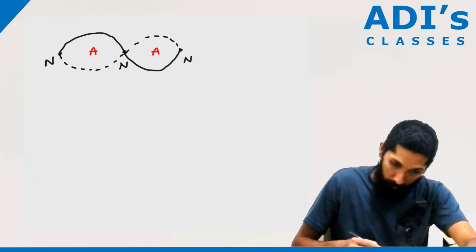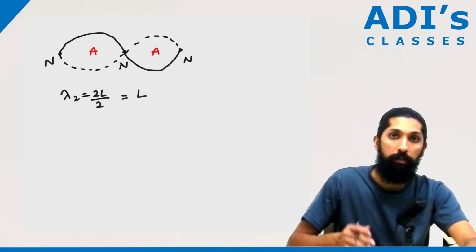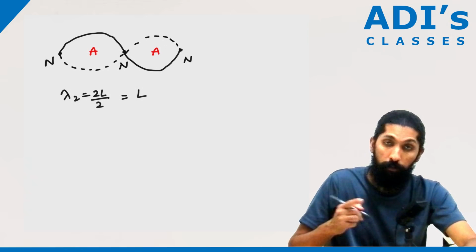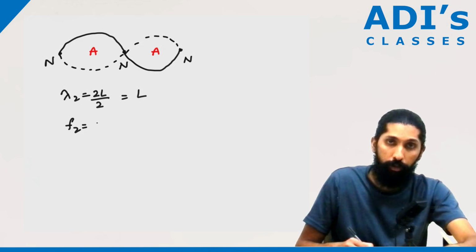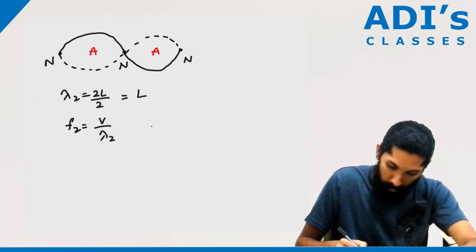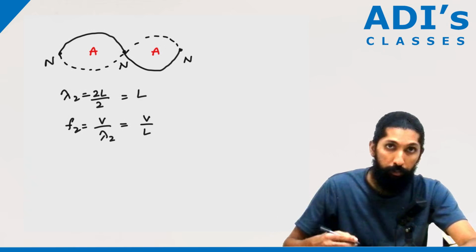So in this case, lambda 2 is equal to 2L divided by 2, which is basically L. That means 1 full wavelength. Alright. So since we have 1 full wavelength, then you will have F2 is equal to V divided by lambda 2, or you will have this as V divided by L. Multiply and divide by 2.